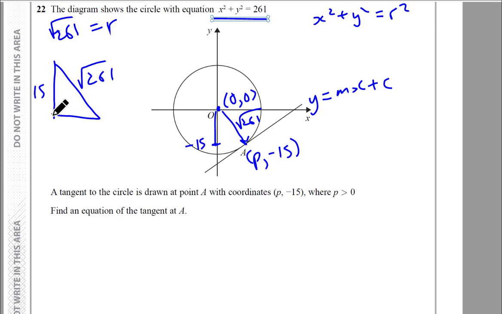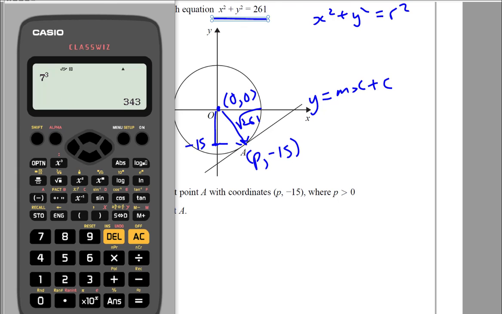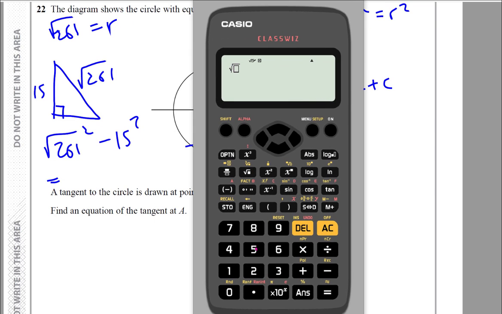Right, doesn't matter which way round you do this triangle, but imagine that's going to be a right angle triangle there. So let's do the square root of 261 squared minus 15 squared equals, and then square root the answer to get the length of p. So let's do that. The square root of 261 squared is 261.